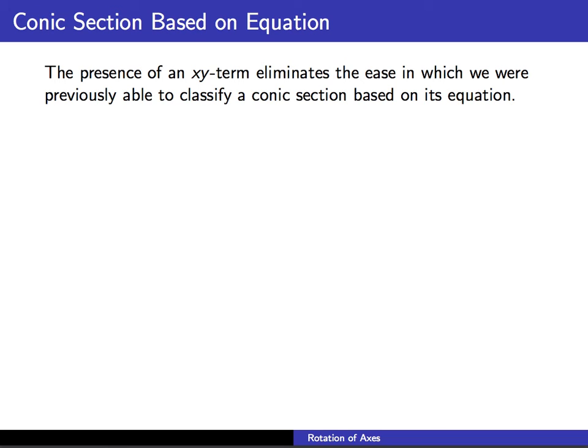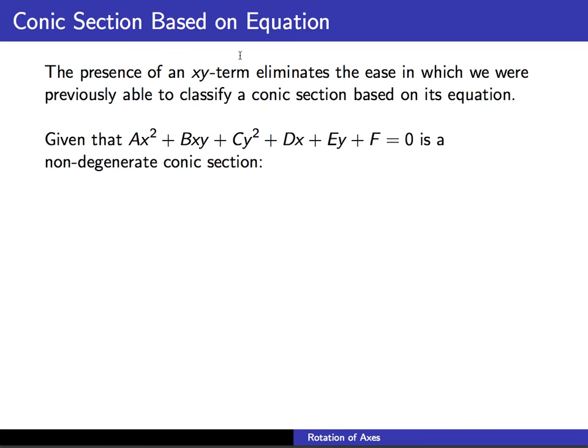If they had the same positive value, it was a circle. And if they were different positive values, it was an ellipse. But again, those did not have xy terms in them. With those xy terms in there, it makes it more difficult to just look at an equation and classify it.